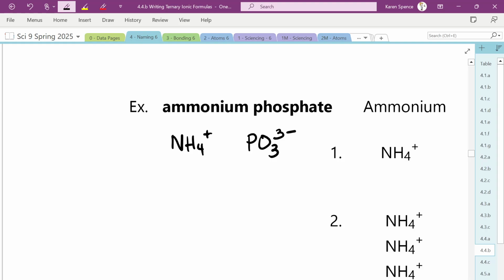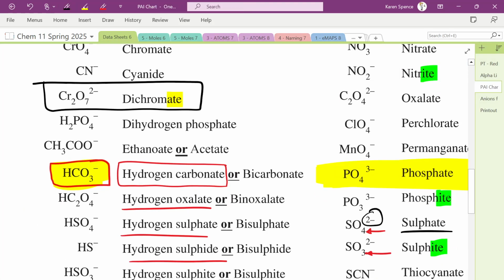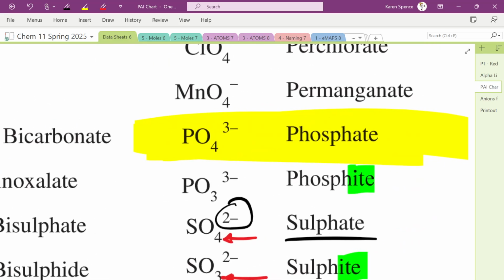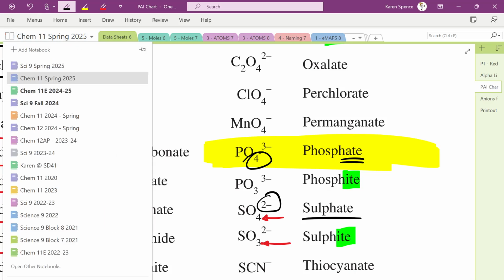See if I got it right. Yes. Yeah, there should be 4 oxygens because remember there's 2 different ones. There's phosphate and there's phosphate, and I wanted phosphate. That one has 4 oxygens. That's just a reminder to be really careful with reading it and not reading the wrong one, okay?